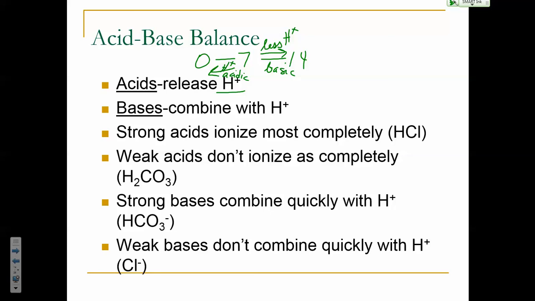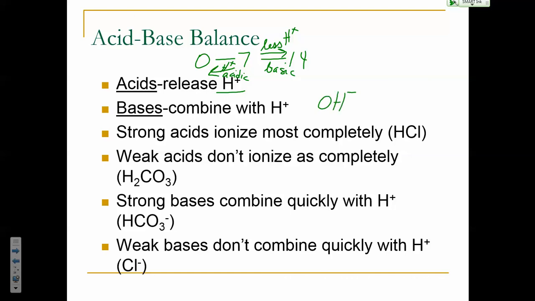The substances that release chemicals that combine with hydrogens are called bases. Back in A&P 1, for those who had me in A&P 1, I taught that bases were substances that released hydroxyl, OH negative, that's a hydroxyl ion.